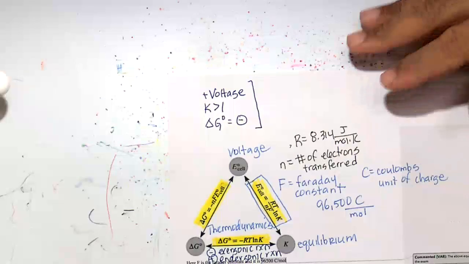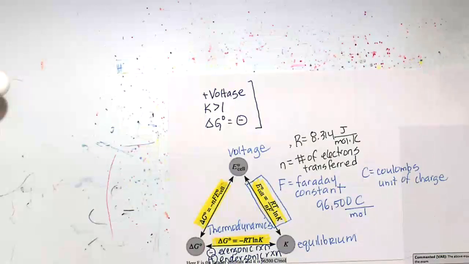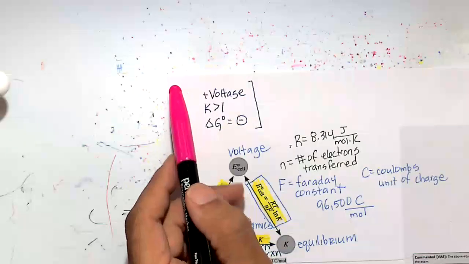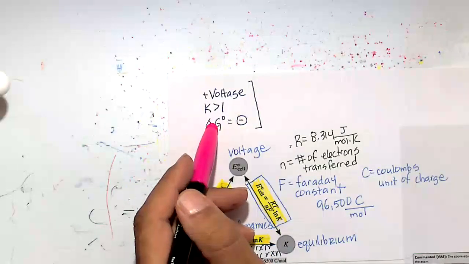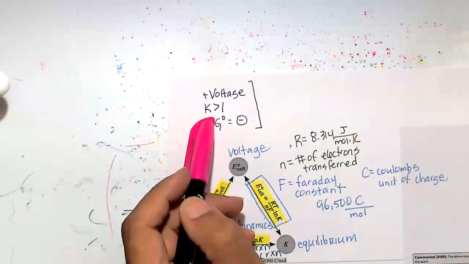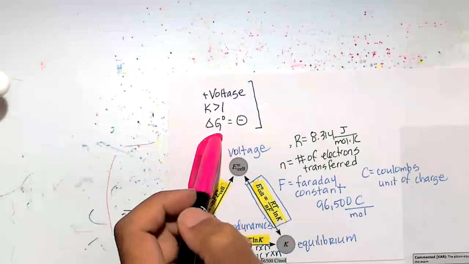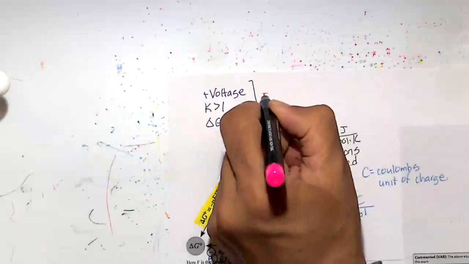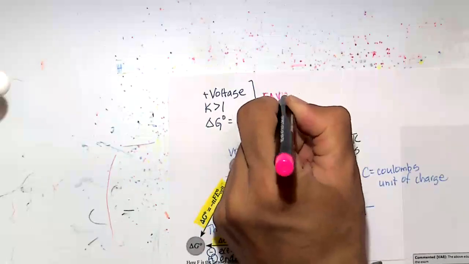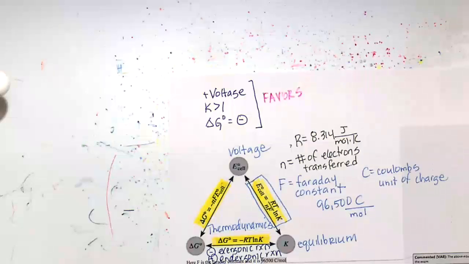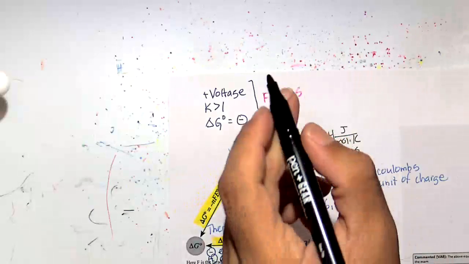All these three represent reactions that favor the products. Positive voltage means obviously a battery. A negative voltage is a dead battery. K is greater than 1, we're favoring the products, a very large equilibrium constant. And an exergonic reaction is one that favors the products. It gives off free energy.